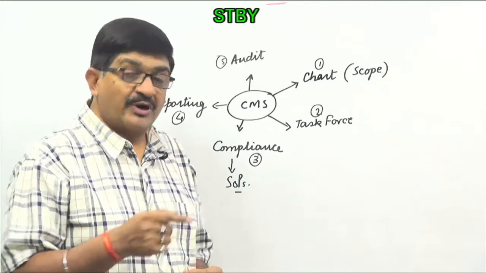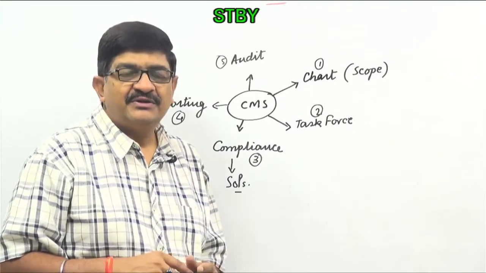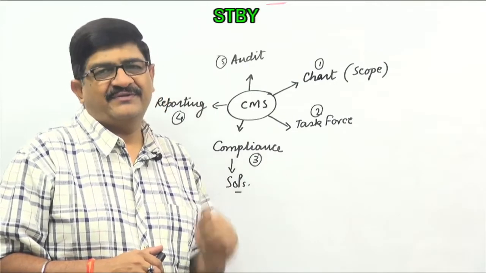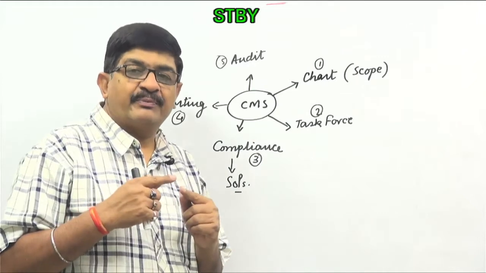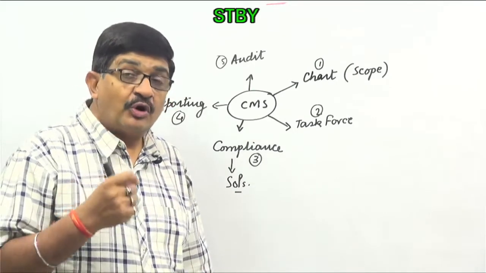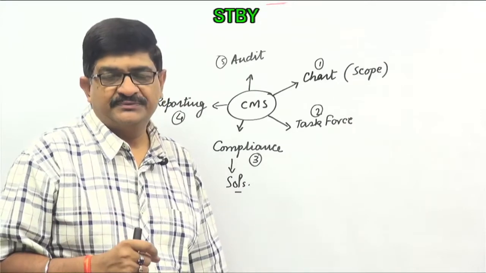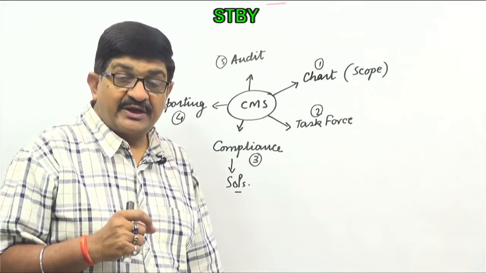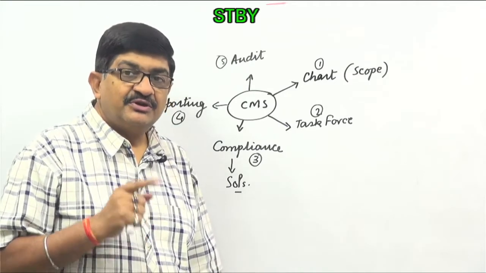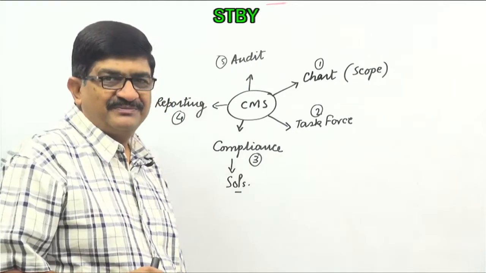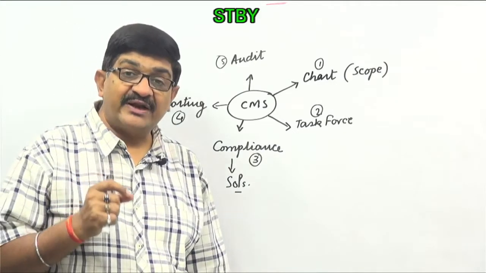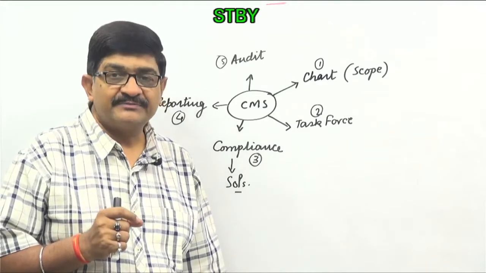Wherever you are appointed, certainly you are one of the compliance officers. Of course, for different laws, there can be different compliance officers, but for all major laws, particularly corporate laws and security laws, you are responsible, right? So you have to understand this chapter very thoroughly.